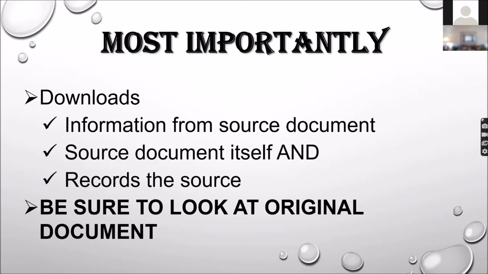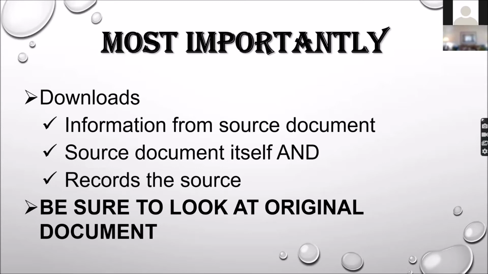I still think that the most important thing that the genealogy software does is that it downloads the information from the source, and the source of the document itself records where it came from. But I encourage you to always look at the original document. All the information does not come off into the software.